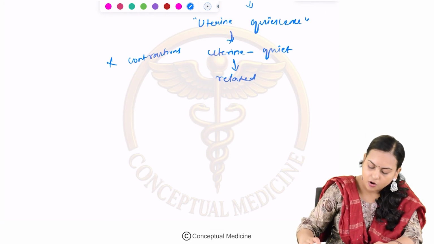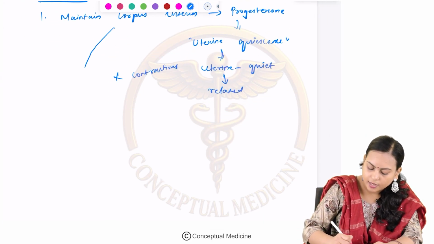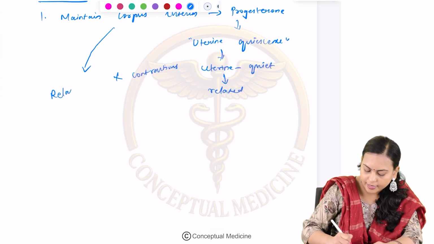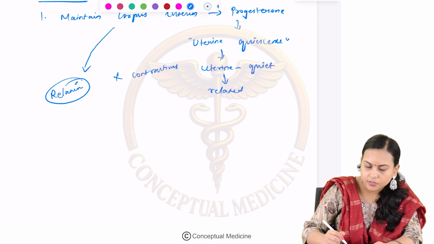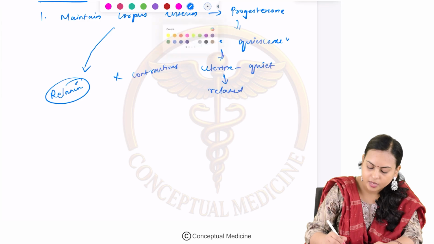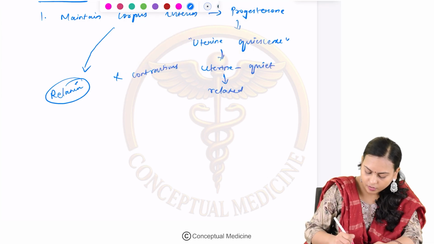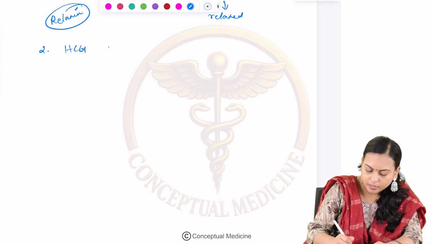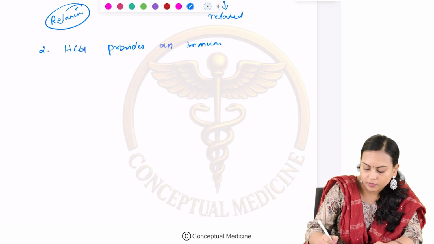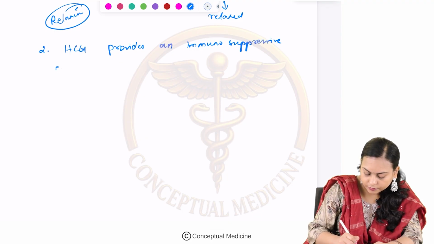Also, other hormones like relaxin are stimulated by HCG. HCG provides an immunosuppressive effect.